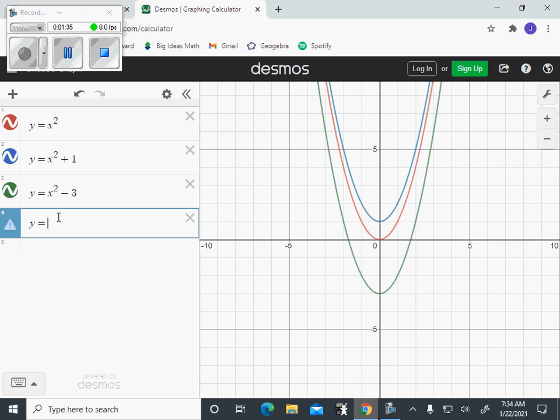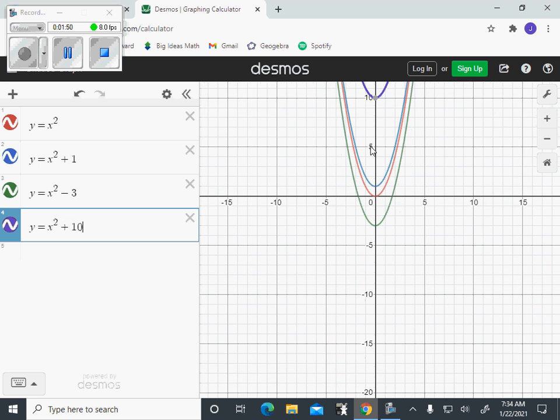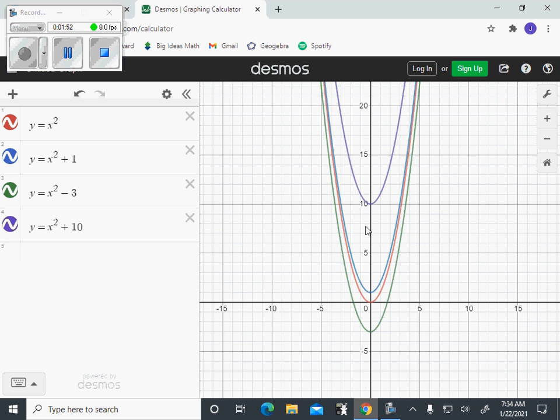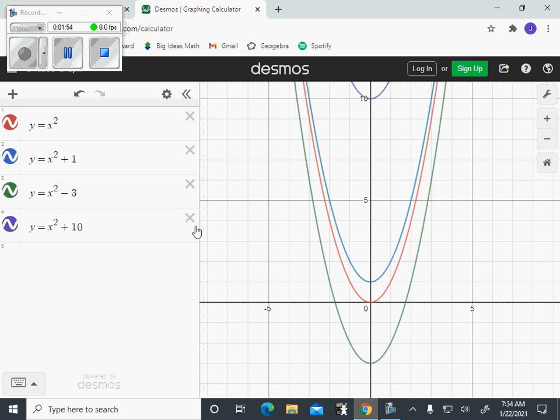What happens if I had y equals x squared plus 10? It's going to move way up here, up to 10. So that's moving up and down.